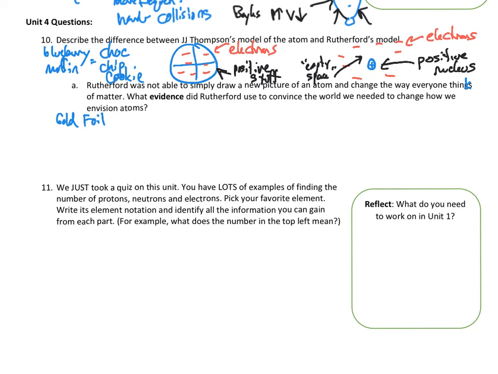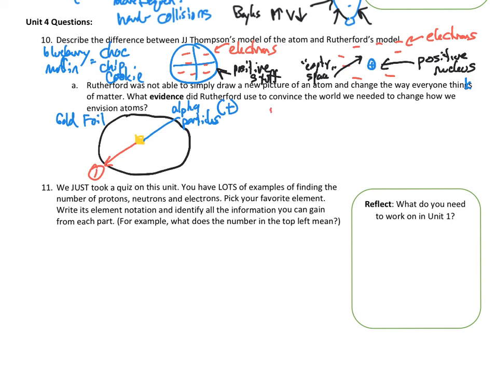I'm going to draw here. We've got a little piece of gold foil, and the actual apparatus that he used outside. We have our alpha particles, and you have to remember that alpha particles are positive. We fire those alpha particles, and then we see three things happen.